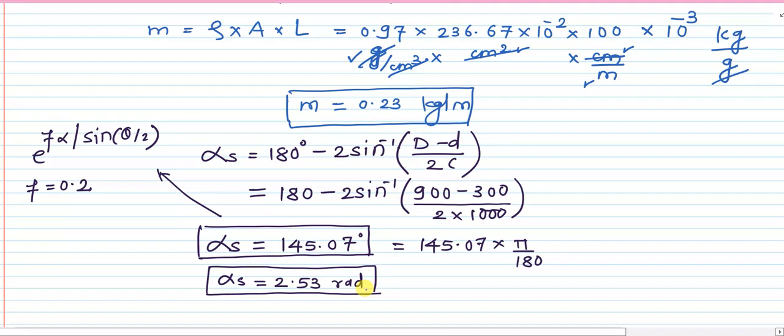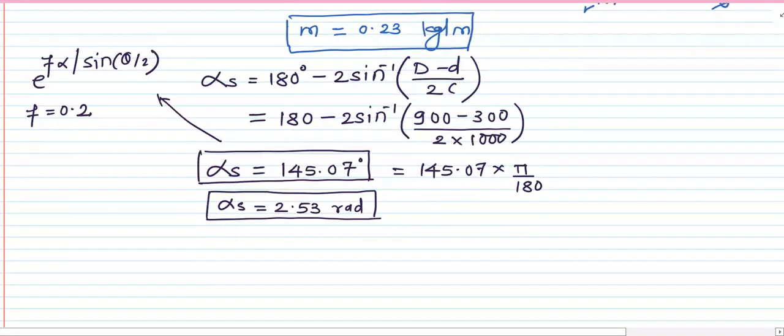Okay, now once this is obtained, theta is available, f is available, alpha is available. So now we can simply calculate exponential of f alpha. What I will suggest is you directly put everything in the calculator and let the calculator do the work.